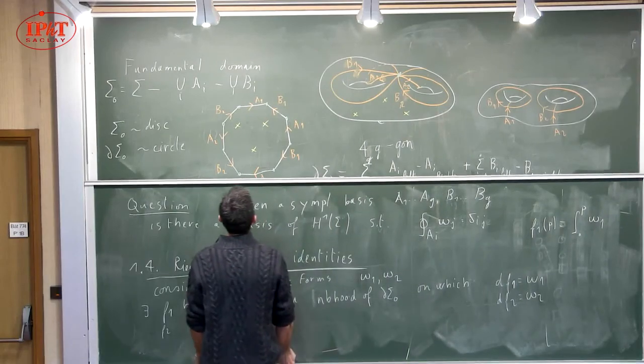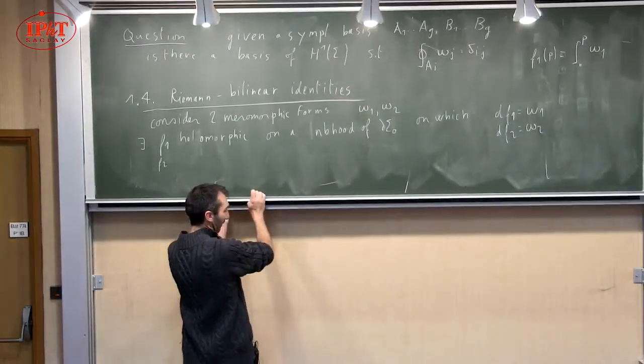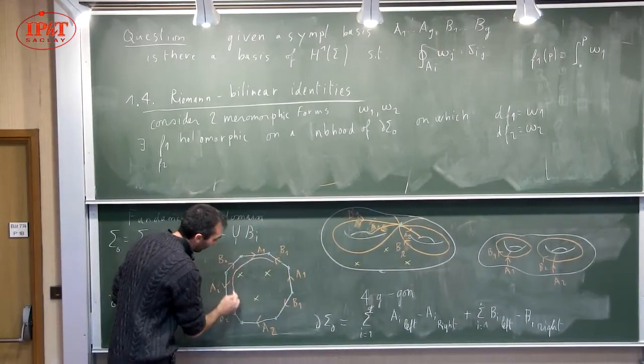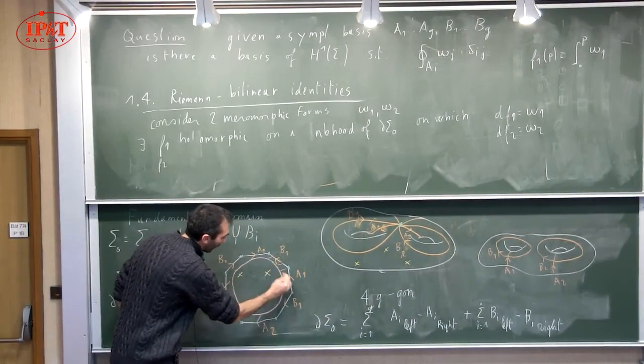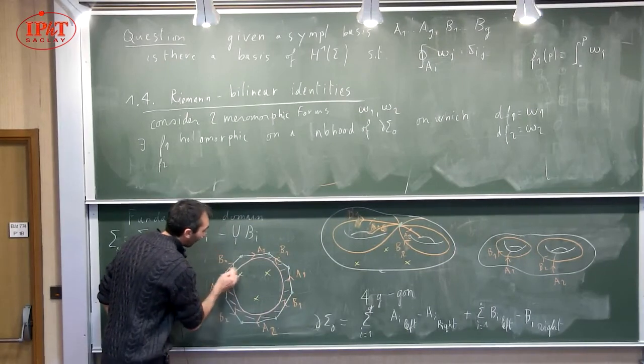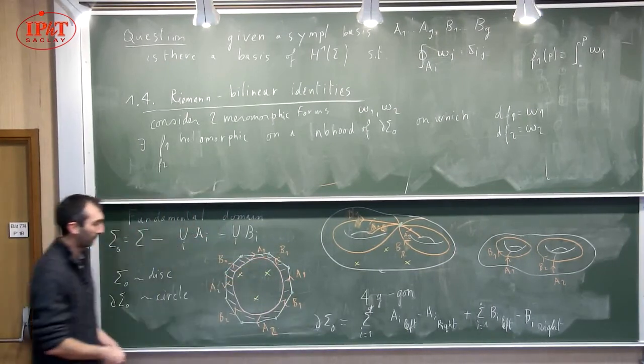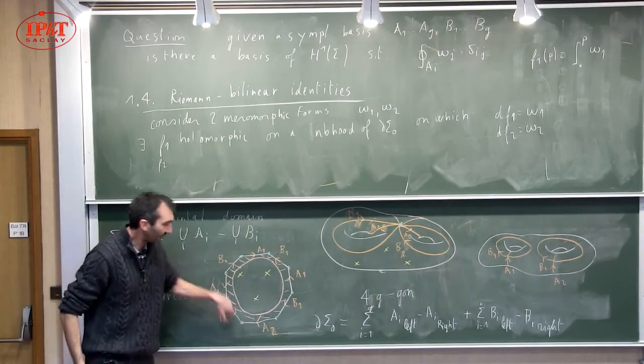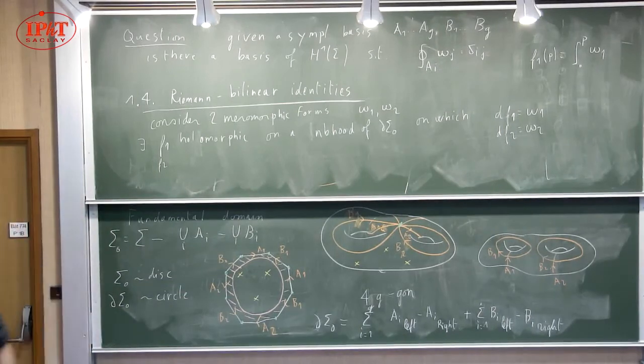But if you look at the picture here, we want to define that only on the vicinity, on this shaded region. We want f to be well defined on this shaded region. This shaded region is not simply connected, because it's an annulus.